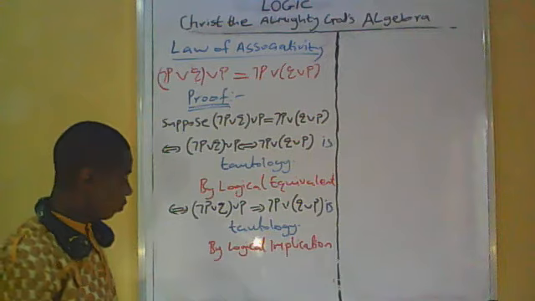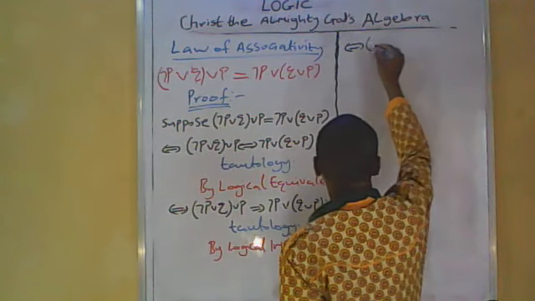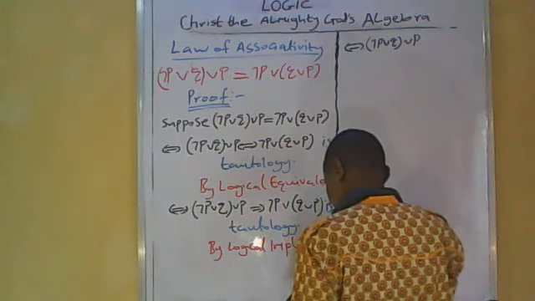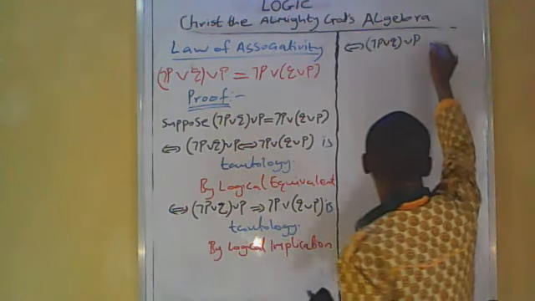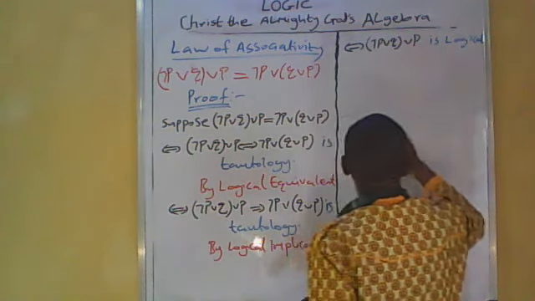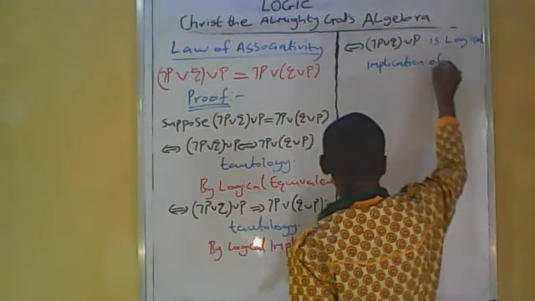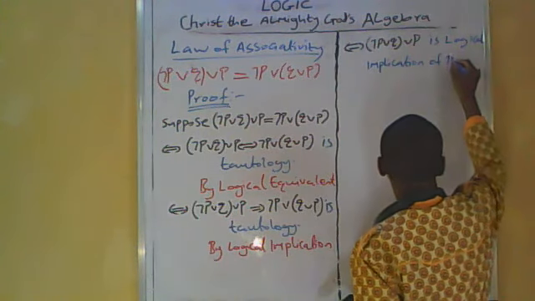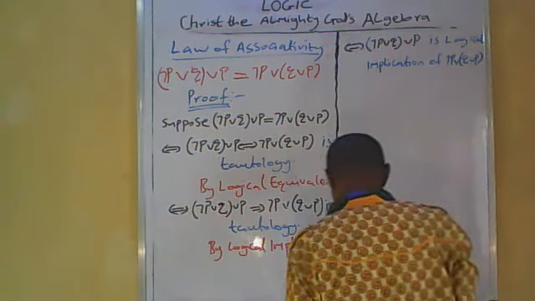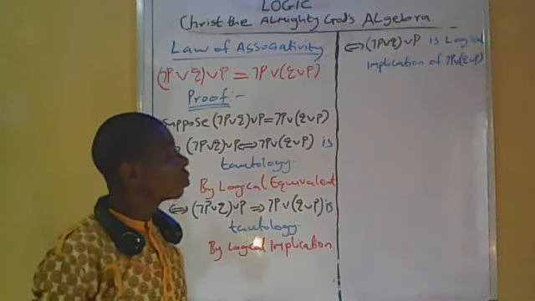We then say if and only if bracket not P or Q or P is logical implication of not P or bracket Q or P. That is, the antecedent is logical implication of the consequent.